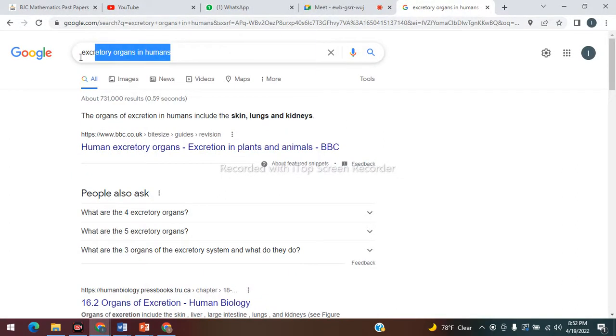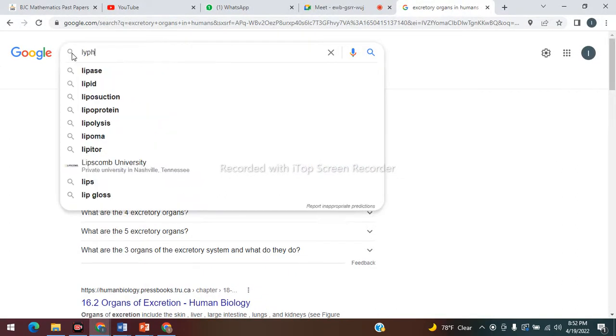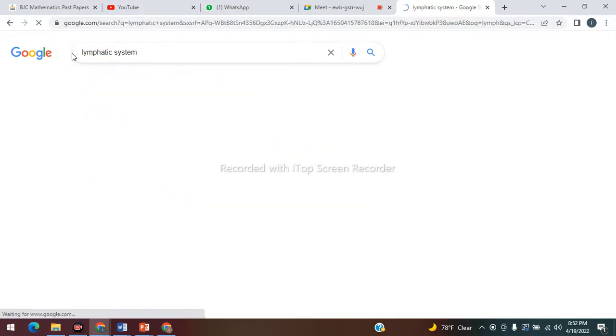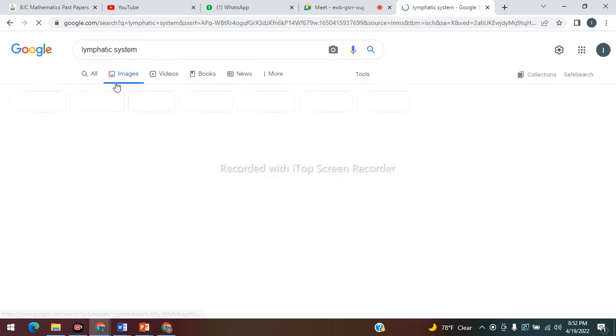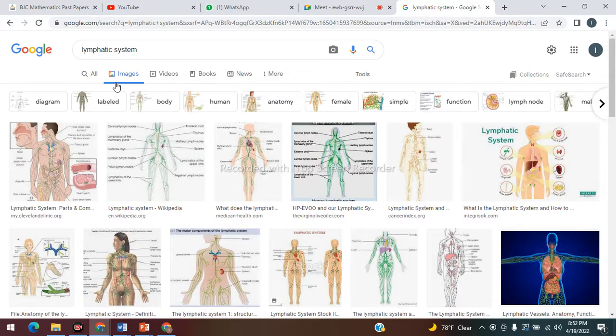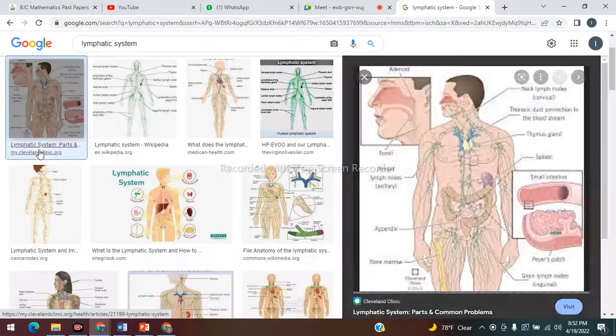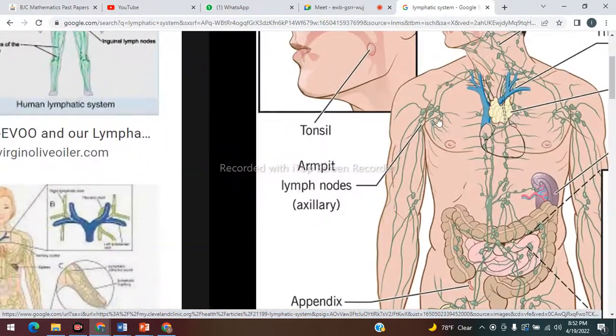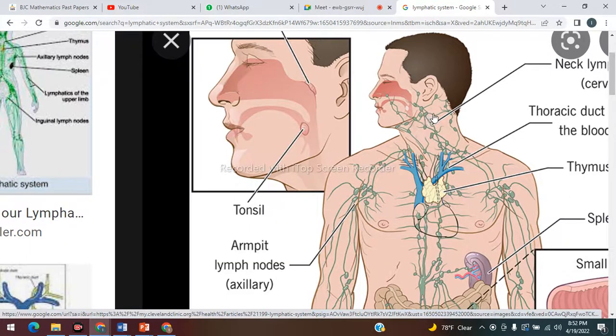So let me show you how the lymphatic system looks. You see these bean-shaped things. They're all around your body. They're in your neck.